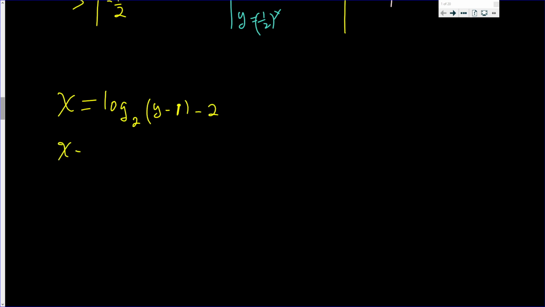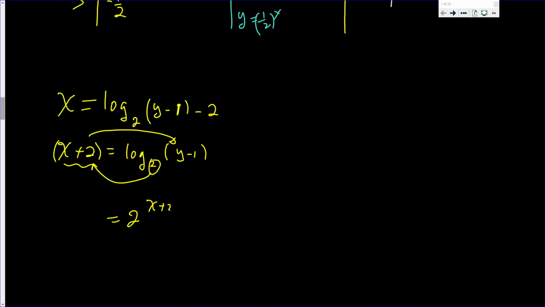Bring the 2 to the other side of the equation, and you get x plus 2 is the log, which is good because now I can write the exponential. 2 to that whole power is equal to y minus 1. Just bring the 1 over to the other side.